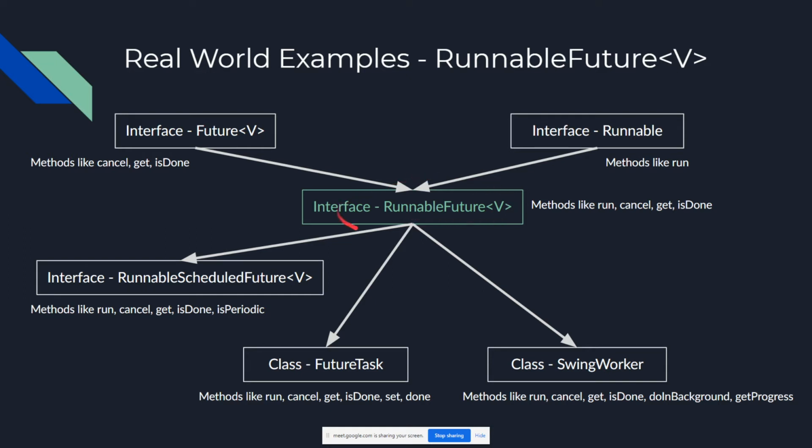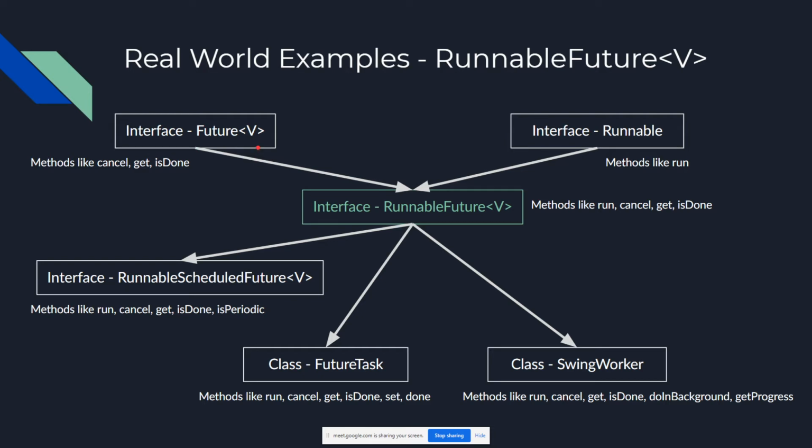So our runnable future interface inherits from two other interfaces, runnable and future. Who would have guessed? So a runnable guarantees that anything that's runnable has a run method, which is a very descriptive name. And then a future interface defines that things can be canceled, you can get from them, and you can check if they're done.